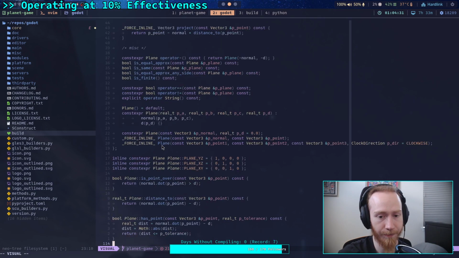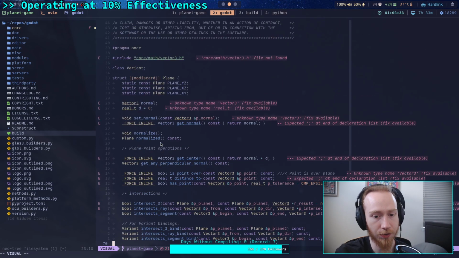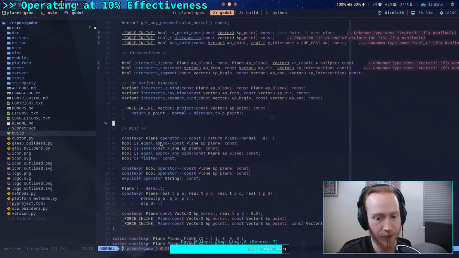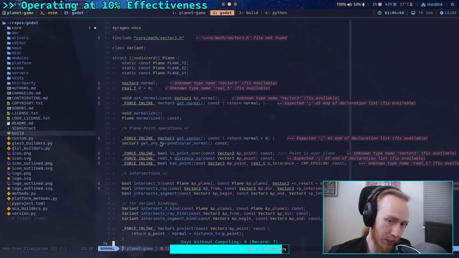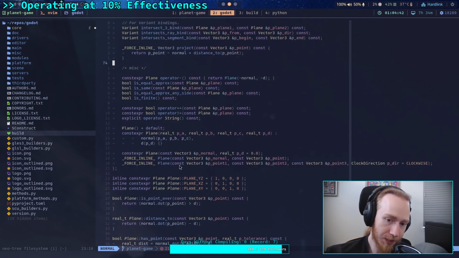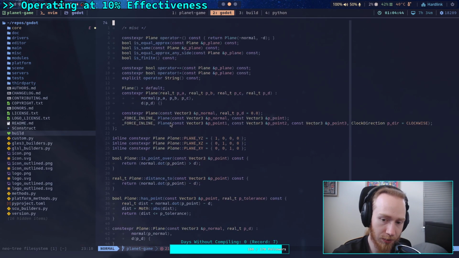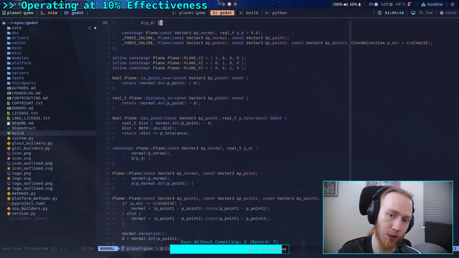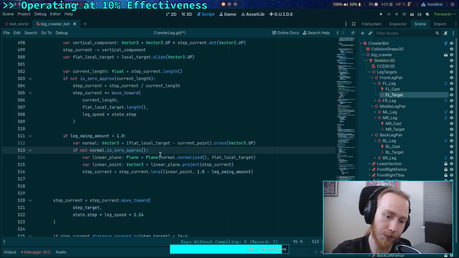Why? That's really strange. Or does it? No, it wouldn't call set normal. Because this is written to just... Unless there's some way that the constructor works where it does some custom functionality? I don't know.